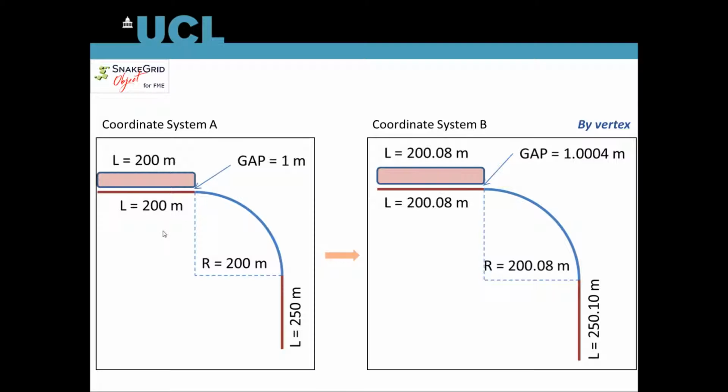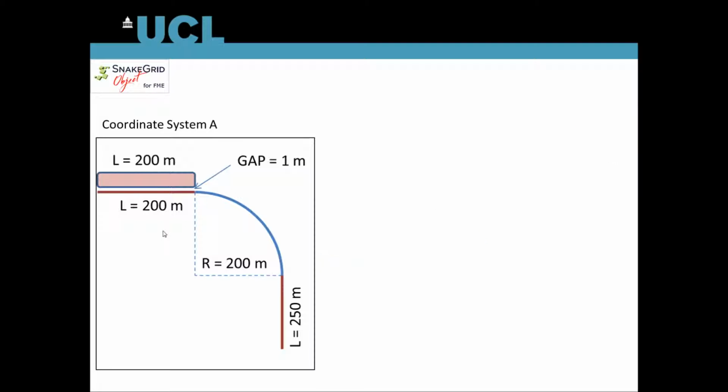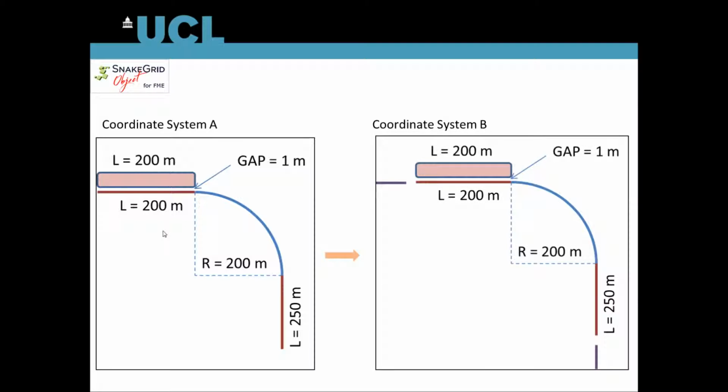It may be that you want some of these particular objects to keep their original size, their original dimensions. So we've given you a couple of different options within SnakeGrid Object. One of them is to do it like this. Just take the whole thing and move it to the correct position, but leave it in the same size. We call this a transformation by the centroid of all objects.